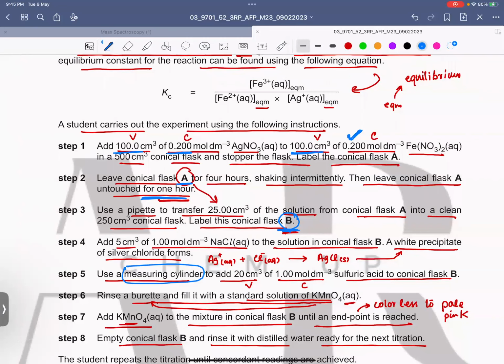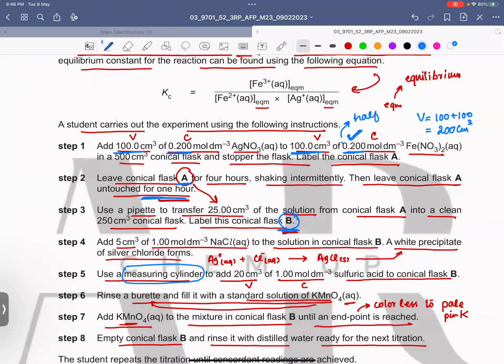So see, the concentration is 0.2, but when the reaction mixture is prepared, the total volume turns out to be 200 centimeter cube. So if the total volume gets doubled, then it clearly means that the concentration would get halved, because the total volume is doubled by adding another reactant which doesn't contain any iron 2 positive ion.